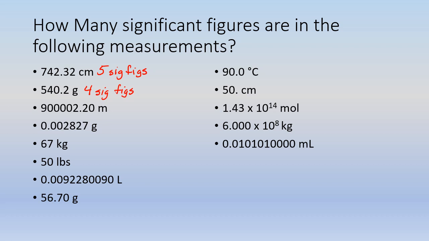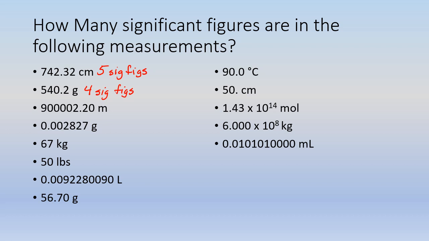This next measurement here, 900,002.20 meters. Again, we're going to focus on the zeros, and this time we have a lot more zeros to focus on. We want to know if they are significant or not.